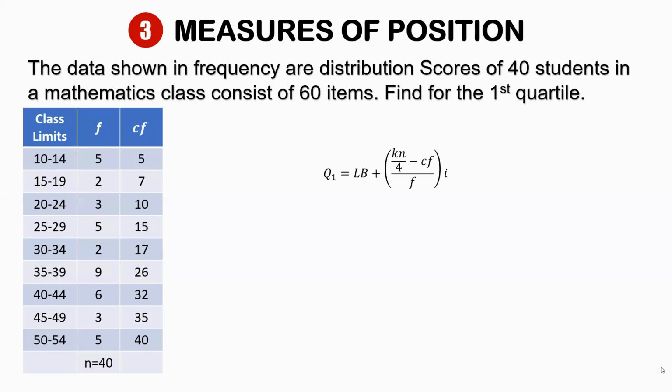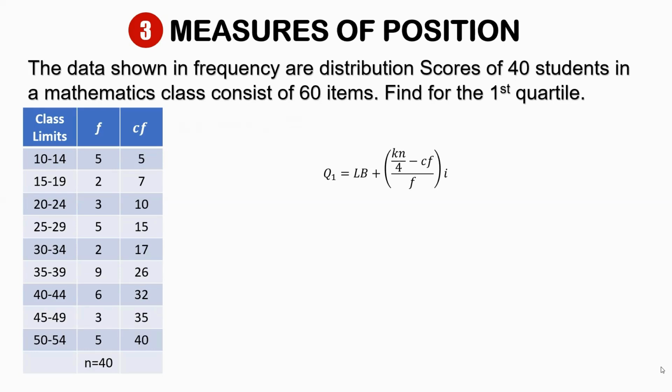First thing, for us to find the lower boundary, the cumulative frequency, the frequency, and the interval, we must find out first the rank value. For us to find the rank value, that is k multiplied by n divided by 4. That is for the Q1, that is our rank value, kn over 4.